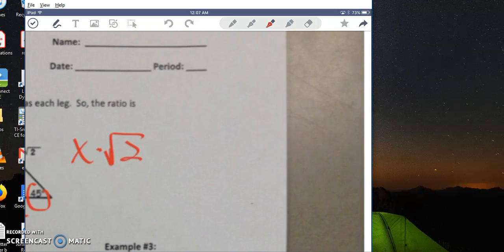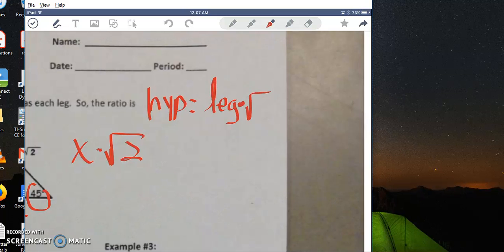Up here, I'm going to write how to find things. The hypotenuse is equal to your leg times radical 2.